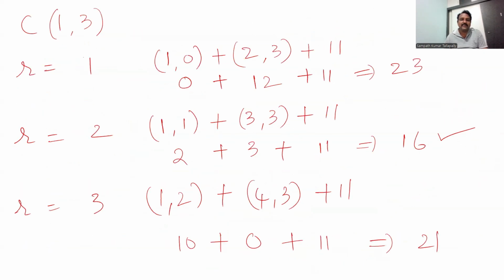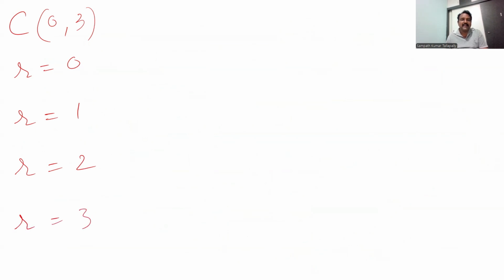So now we are going to calculate C of (0,3). For (0,3), the value of R will be 0, 1, 2, and then 3. And what is the formula we have here?